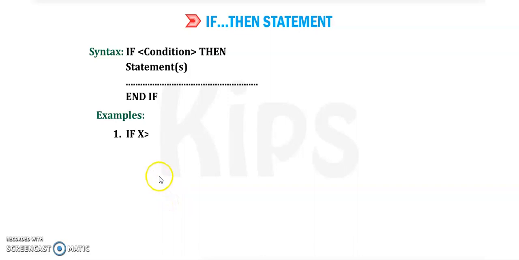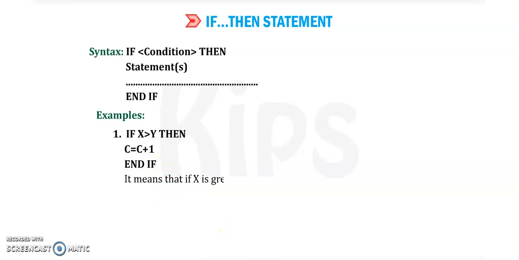I will explain with one example. You can see: if x greater than y, when this condition is true, the statement right after then is executed. Now c is equal to c plus 1, and then end if.